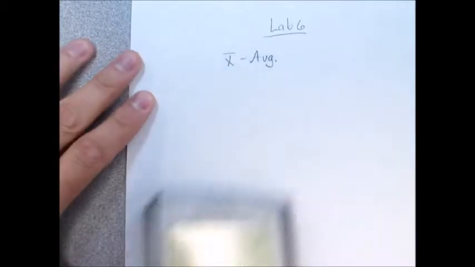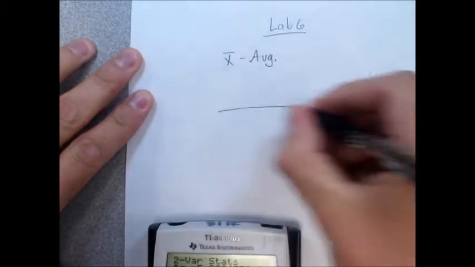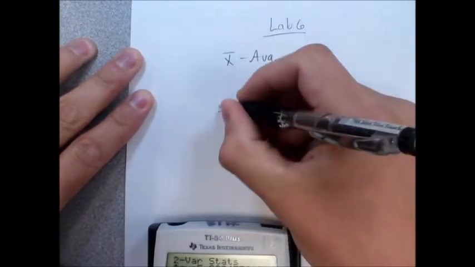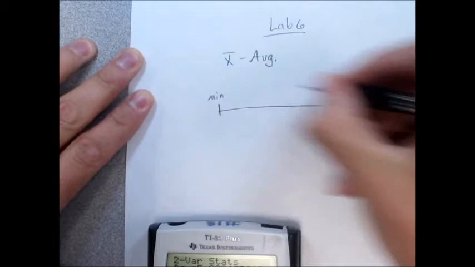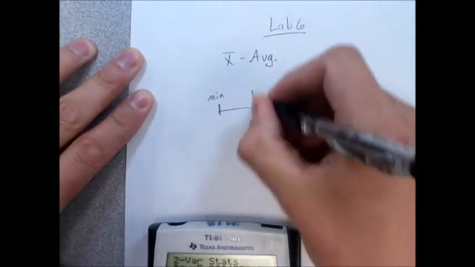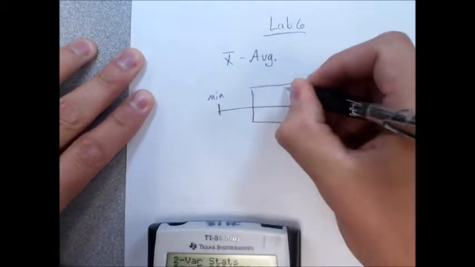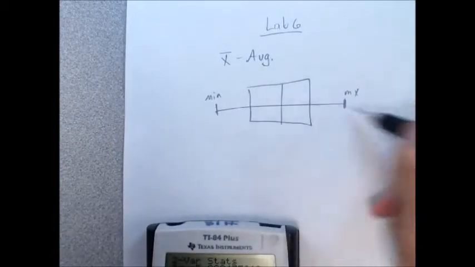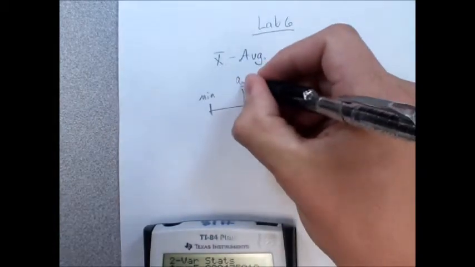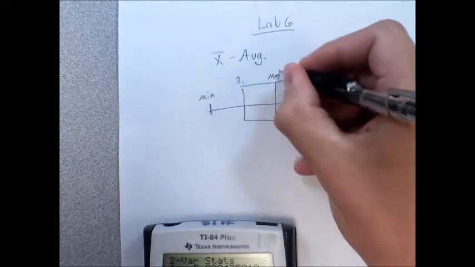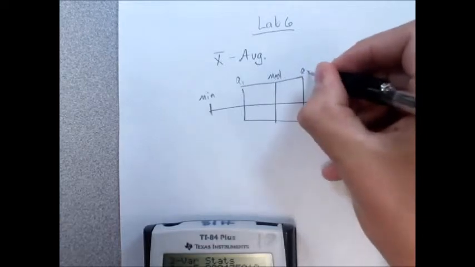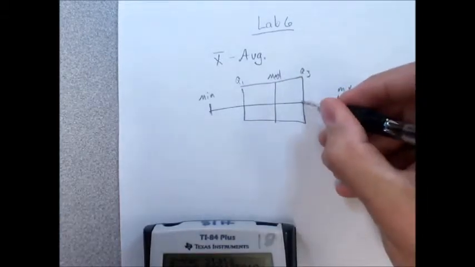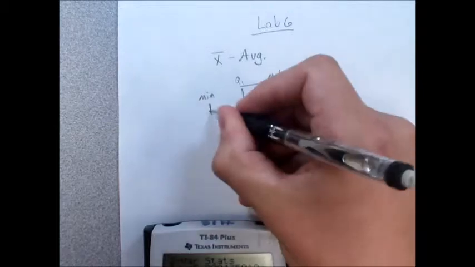So I want to remind you that your box and whisker plot will look like a line right here. This will be your minimum, this will be your max, and then there'll be a box, and there it is. So there's your box, these are your whiskers, this is quartile 1, this is your median or quartile 2, and that's your quartile 3. Okay, so all of these are those points represented along the line.